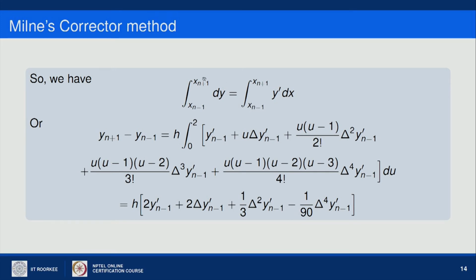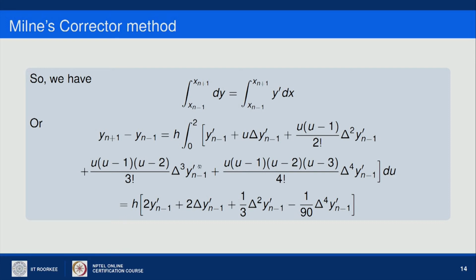In the same way as we did in the predictor formula, we can take the left side as yn plus 1 minus yn minus 1, and this equals h times the integral from 0 to 2, because you can see earlier it was from 0 to 4 in the predictor, of y prime n minus 1 plus u del y prime n minus 1 plus u into (u minus 1) upon factorial 2 del square y prime n minus 1, plus third order and fourth order terms, du.